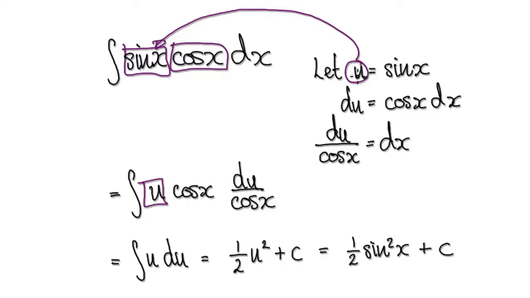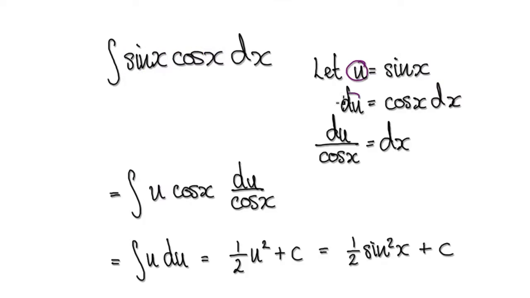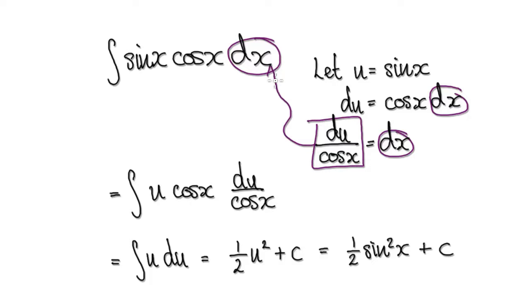And then if you let u equal sine of x, then du, if you differentiate this side and then differentiate this side, you will have cos, and then you've got your dx here. And now you want to get dx on its own because of this bit here.